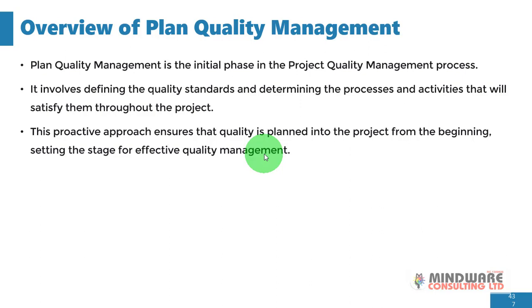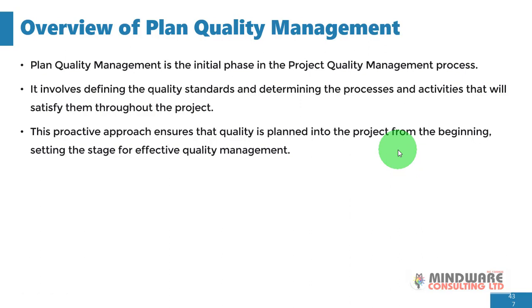So in plan quality management, you define the standards for determining the processes and activities that you're going to be carrying out throughout the project. And this has to be done right from the beginning of the project, not in the middle, not towards the end.